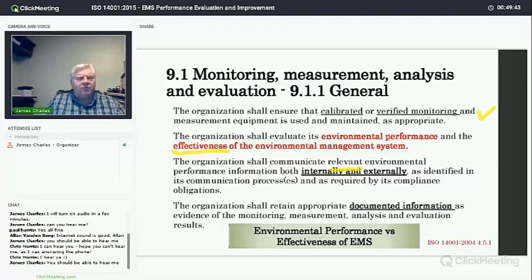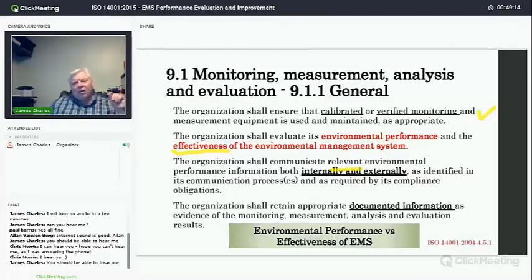If you recall, under the old standard, under the communications process 4.4.3, it said organizations had to determine whether to make information available about their significant aspects available to the public and record that decision. Most organizations just wrote in the procedure, we've decided not to communicate this information externally.